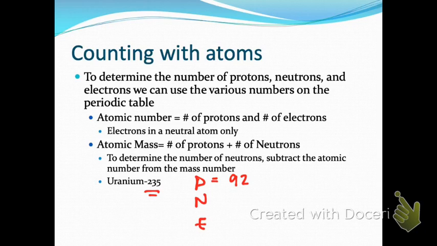My electrons, since this is a neutral atom, how many electrons do I have? 92. And then how can I find the number of neutrons? Not 238, 235 minus 92. 143.